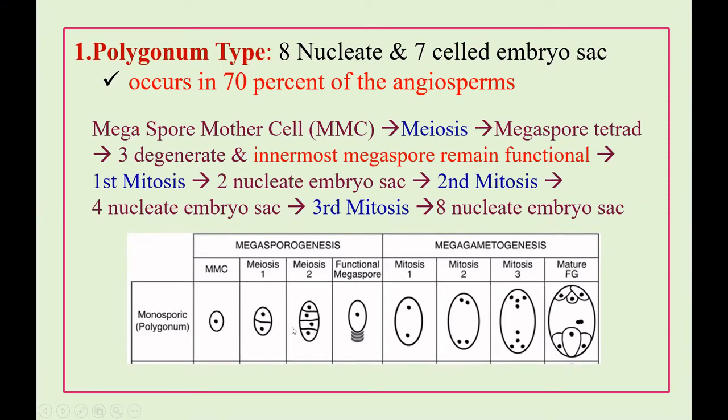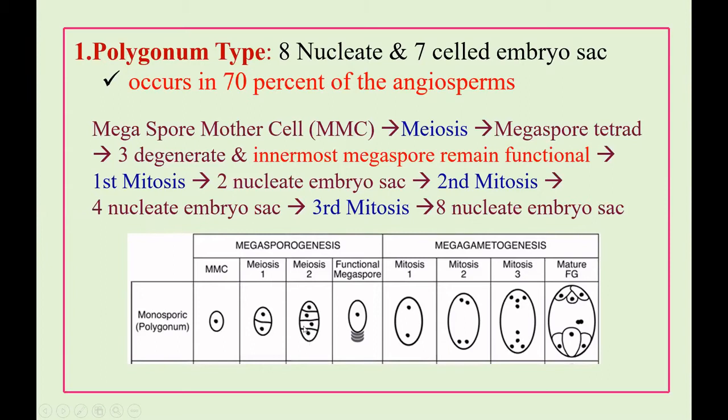Meiosis, that is karyokinesis, is immediately followed by cytokinesis. Whenever nuclear division occurs, cell plate formation always occurs in the Polygonum type. After meiosis, the 1 megaspore mother cell gives rise to 4 megaspores.